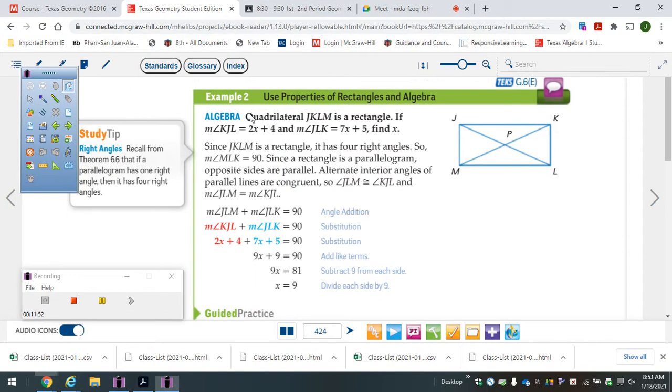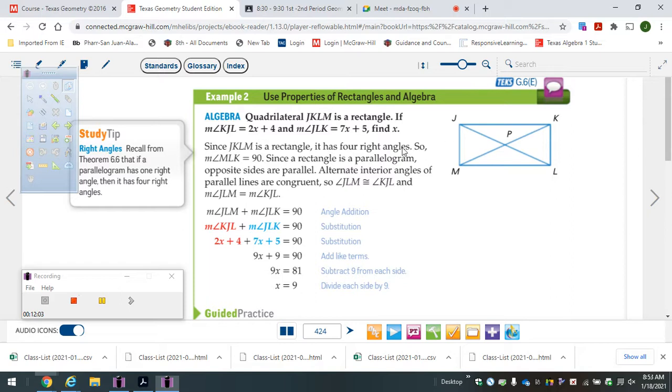Okay, let's come on here. Quadrilateral JKLM is a rectangle. Okay, so make sure you know 90, 90, 90, 90, equal to each other, bisect each other, congruent, cross, supplementary, stuff like that. Let's go for it here. Quadrilateral JKLM is a rectangle.